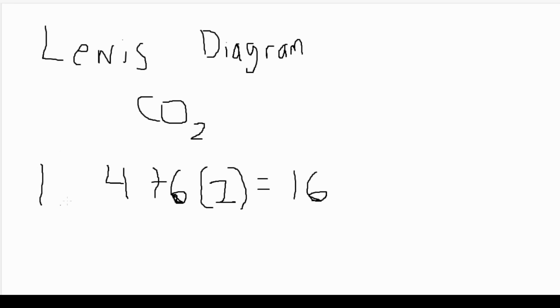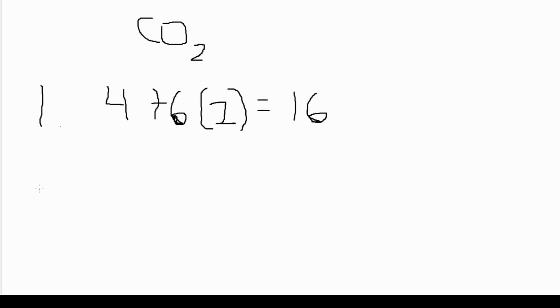Step number 2, you're going to put the least electronegative atom in the center. So for CO2, that's carbon. So you're going to put that in the center, and then you're going to put everything else on the outside. So because we have 2 oxygen atoms, we're just going to put those on the side of carbon. If you don't know how to determine which one's less electronegative, that's just periodic trends.